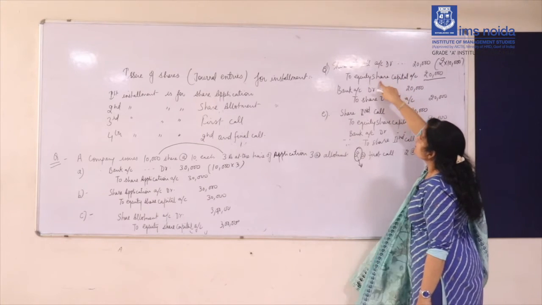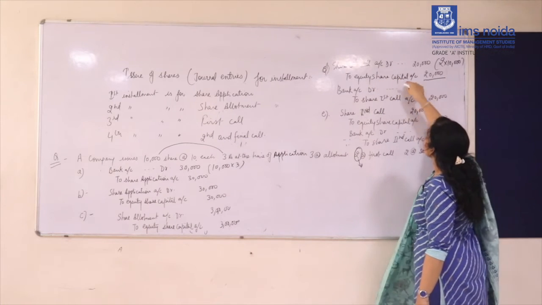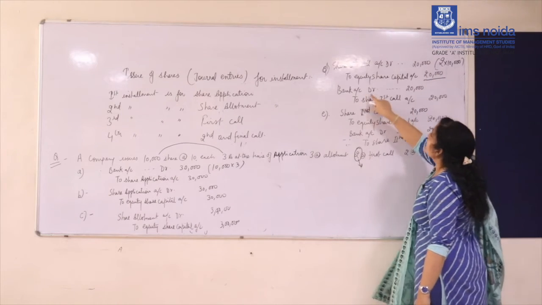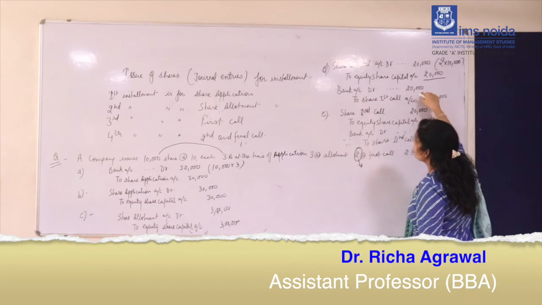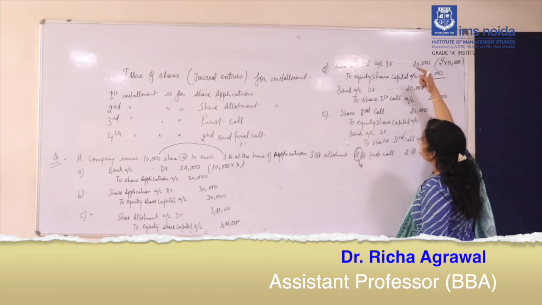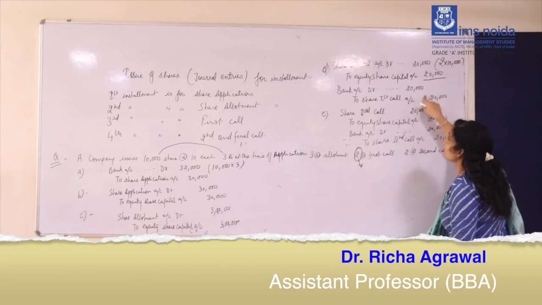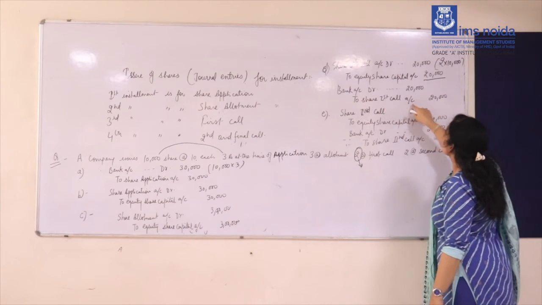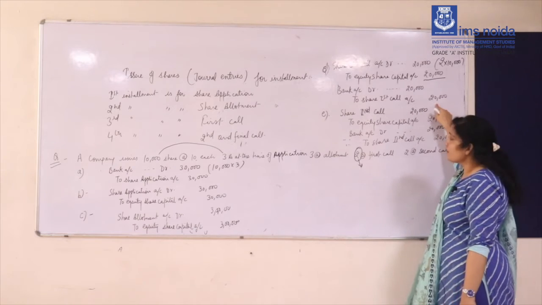Now, bank account debit, which is 20,000, because the money called has to come into the bank, to share first call account, which is again 20,000.